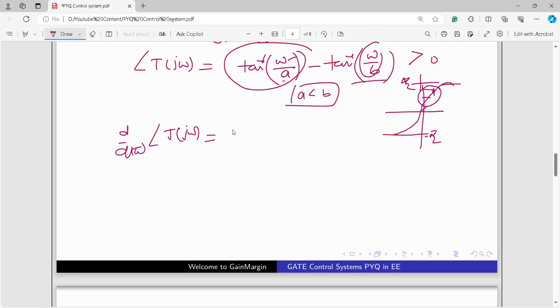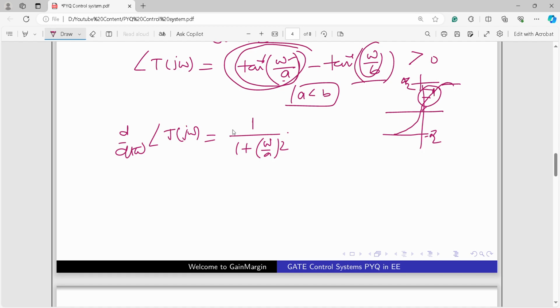So here we take tan inverse of omega by a. As we know, the derivative of tan inverse x is 1 by (1 plus x square). So here 1 plus (omega by a) whole square, and we are applying the chain rule also here. The derivative of omega by a: earlier we applied the function tan inverse of omega by a, and inside it omega by a is our algebraic function.